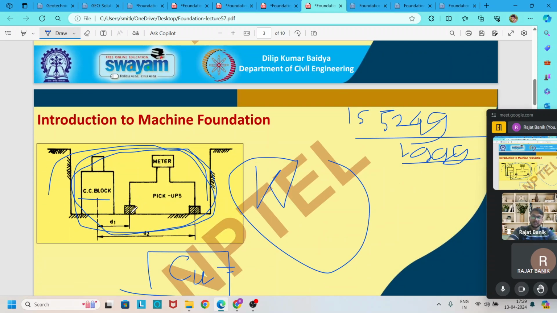Then we use one machine, and for measuring the vibration we use some pickups in meters at a distance d1, a distance d2, and this foundation is constructed at a depth of d, and the dimension of this foundation is 1 meter by 1 meter.